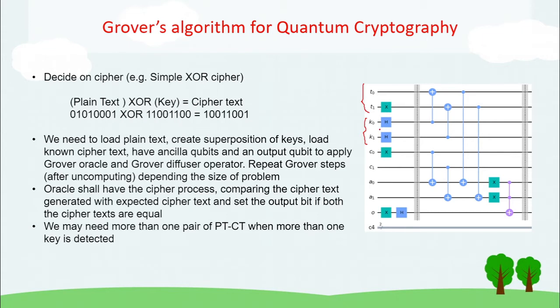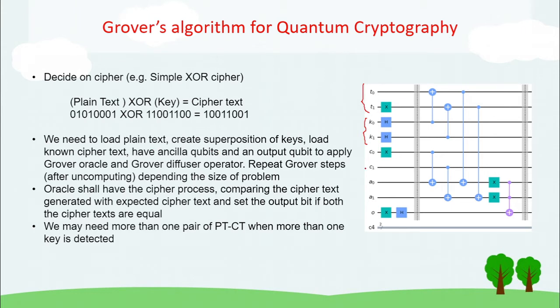Okay, and these Hadamard gates make the superposition, meaning it generates all possible combinations of 2 bits. So in this case it is 00, 10, 11, 01. So everything is possible at the output of these 2 gates.